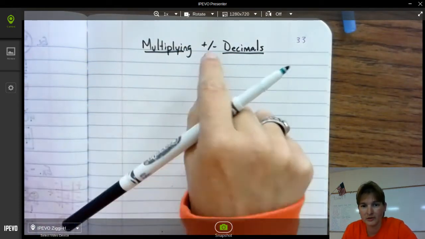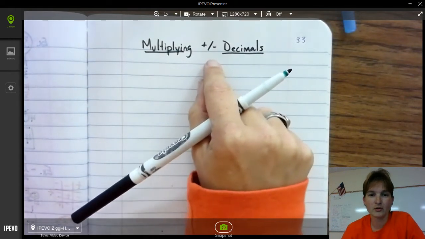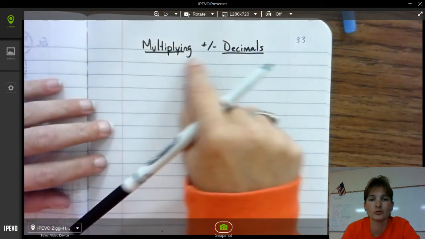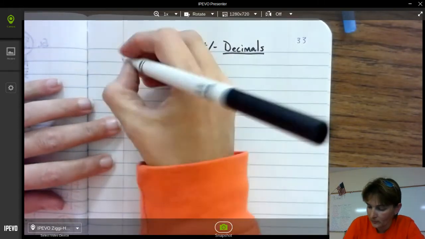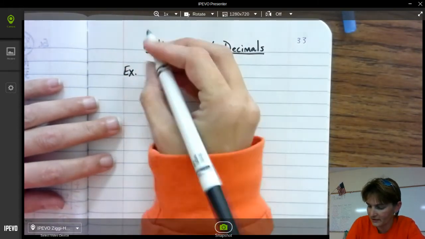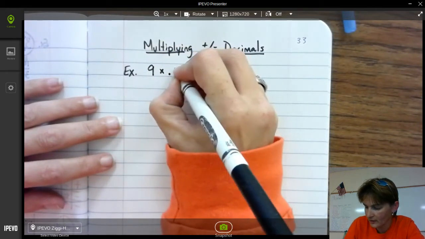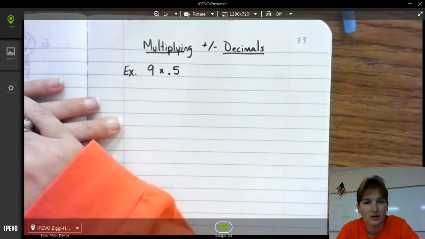All right, we'll eventually get to when they're positive and negative decimals, but first we have to go over the rules to multiplying decimals. So we're going to start off with an example. For instance, if I have, let's say 9 times 0.5, that's 9 multiplied by a half.